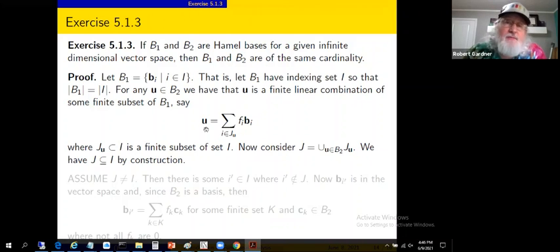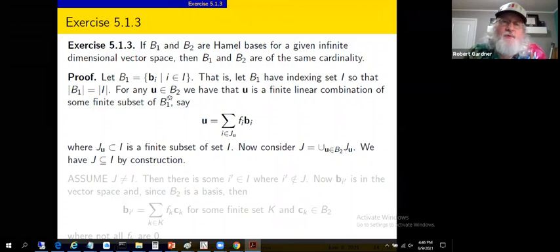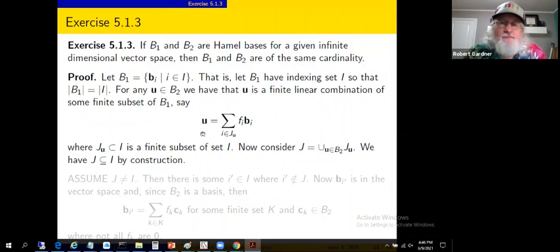And we can write any vector u in basis B2 as a finite linear combination of the vectors in B1. What we're really interested in is the indices we're going to use, and those indices are going to be in set J sub u, the u coming from the fact we've used vector u from basis B2.